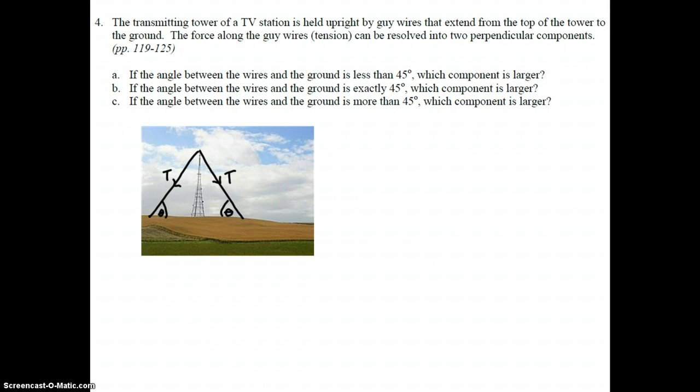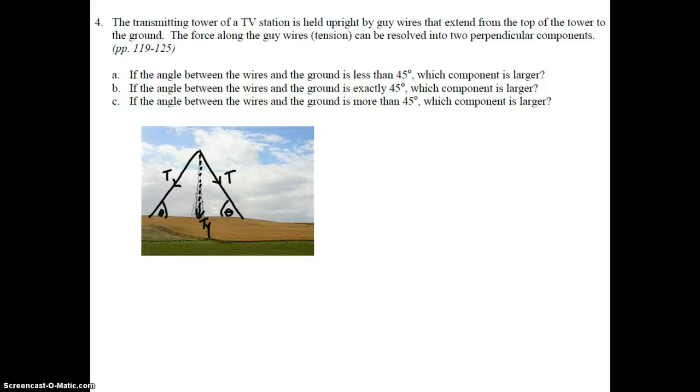What this is saying is the force along the guy wires can be resolved into two perpendicular components. This tension does two things. The vertical component of the tension pulls the tower down toward the ground.